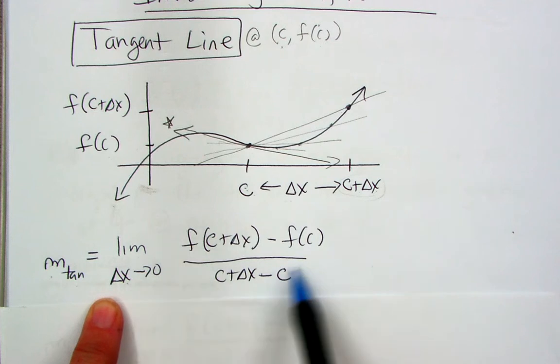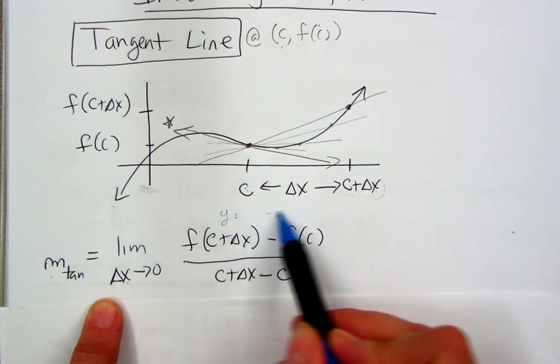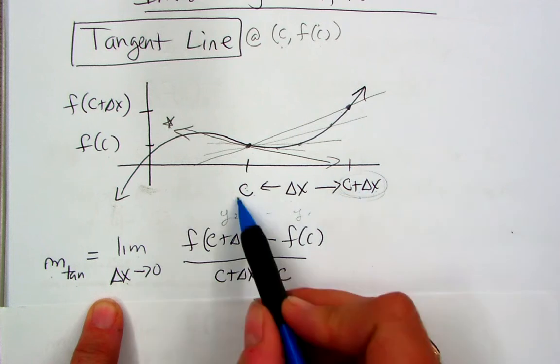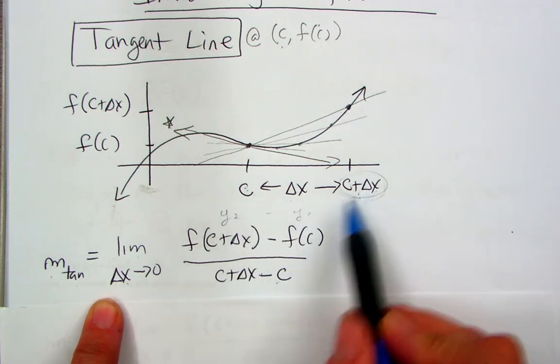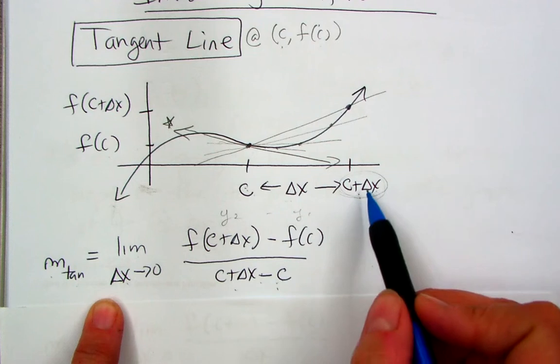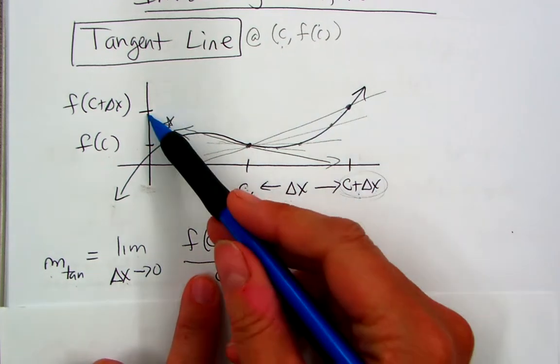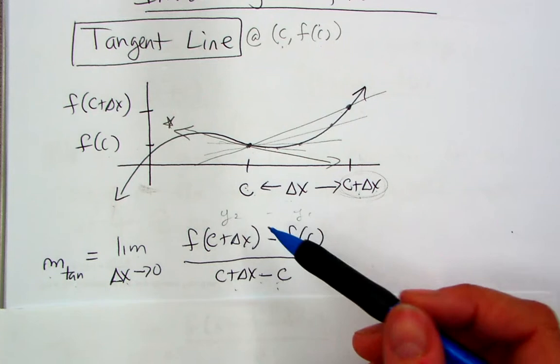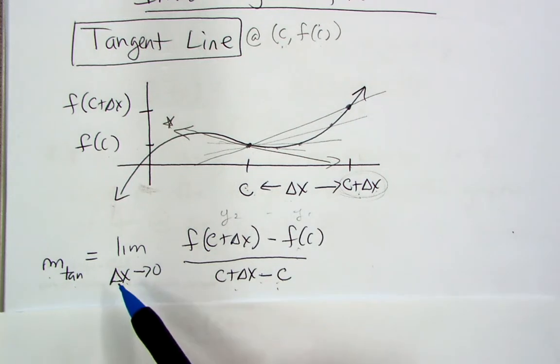So the limit, here's the same thing. This is y2 minus y1 over x2 minus x1. Right, so this is the slope. This minus this, all over this minus this. That's the slope of the tangent line, but it's the limit definition.